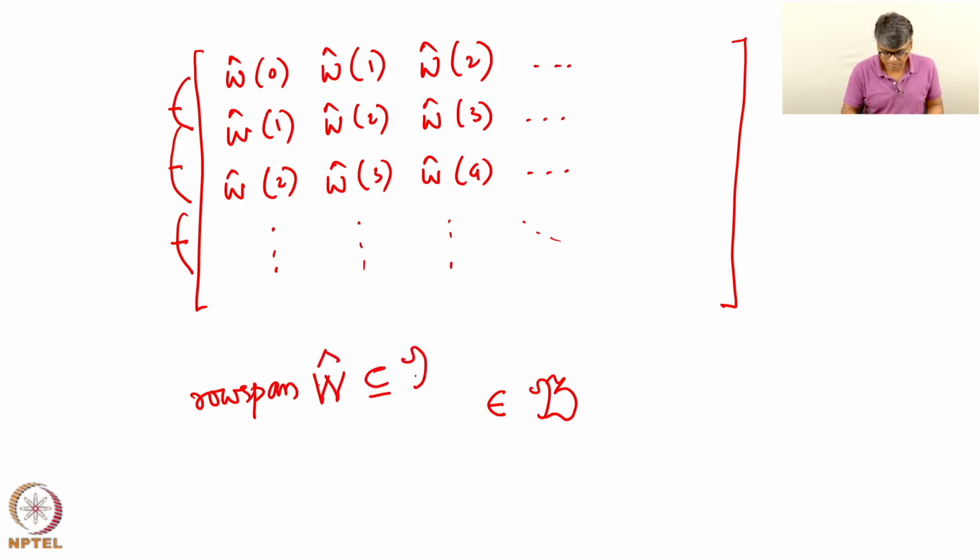So the row span of this guy is actually contained in the behavior. This is the smallest subspace that I can generate from W hat with the information that my system is linear and shift invariant.